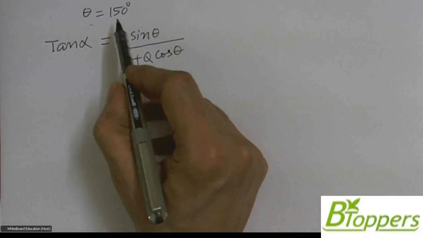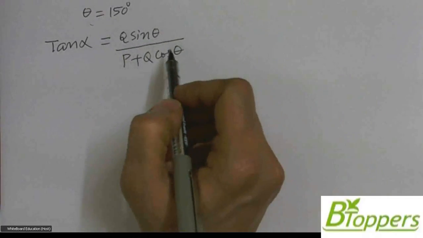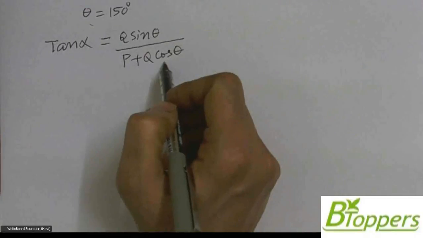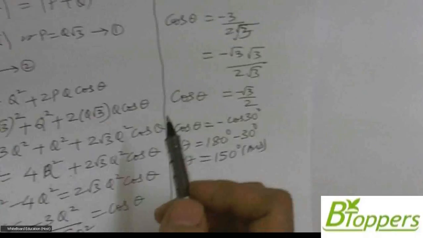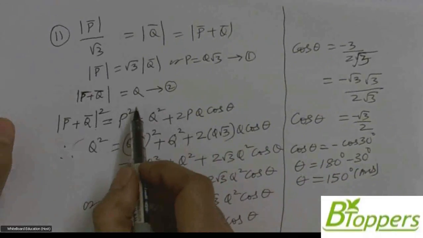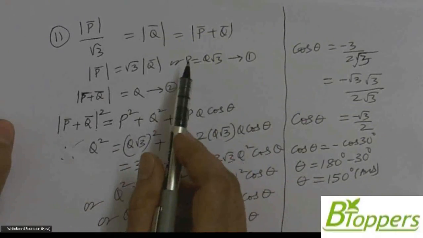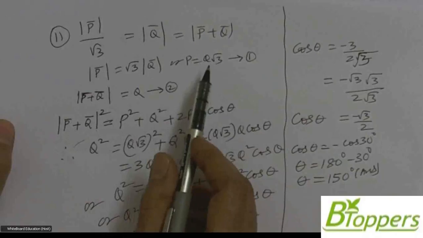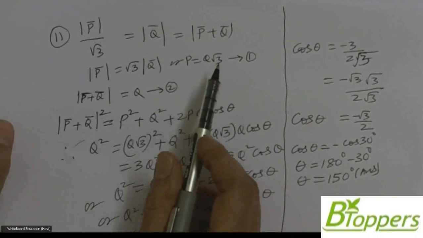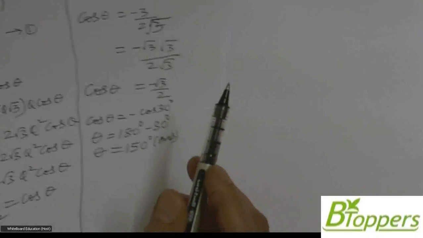So here we can substitute theta equal to 150 degrees on the right hand side. And as we discussed in the beginning of the problem, P equal to Q root 3. We can substitute P equal to Q root 3 on the right hand side from equation number 1.